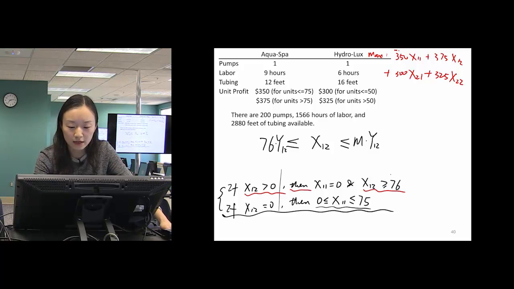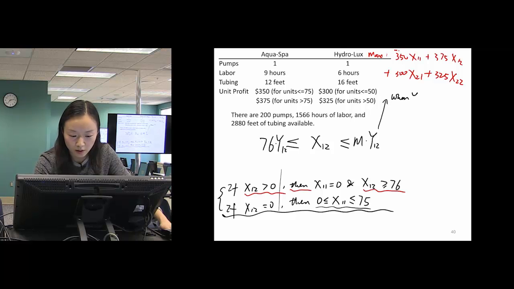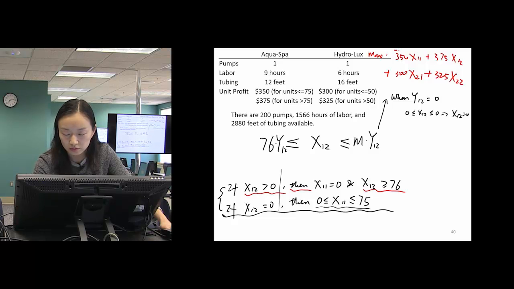Okay, and then let's see. Just looking at this, when y equals 0, what do we get? We get x12 equal to 0.